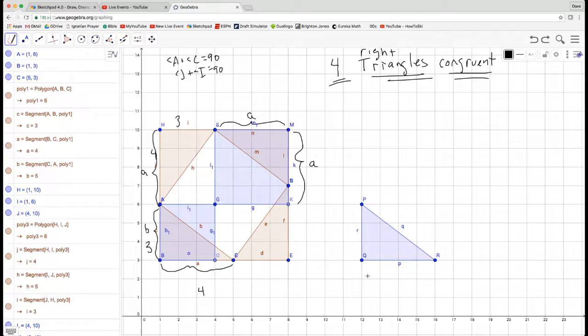We're calling this longer side A, and the shorter side B, and this is C, right? The short side of this triangle is B. The longer leg is A.